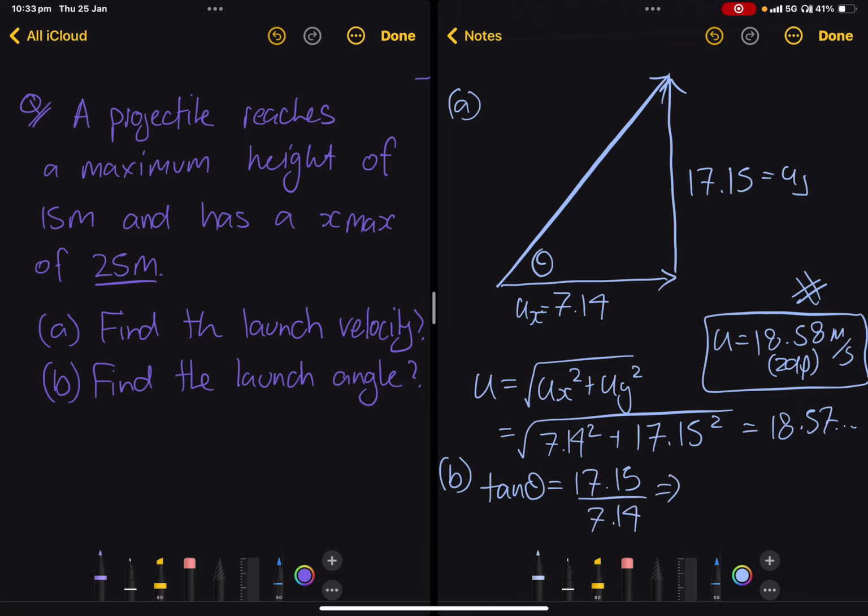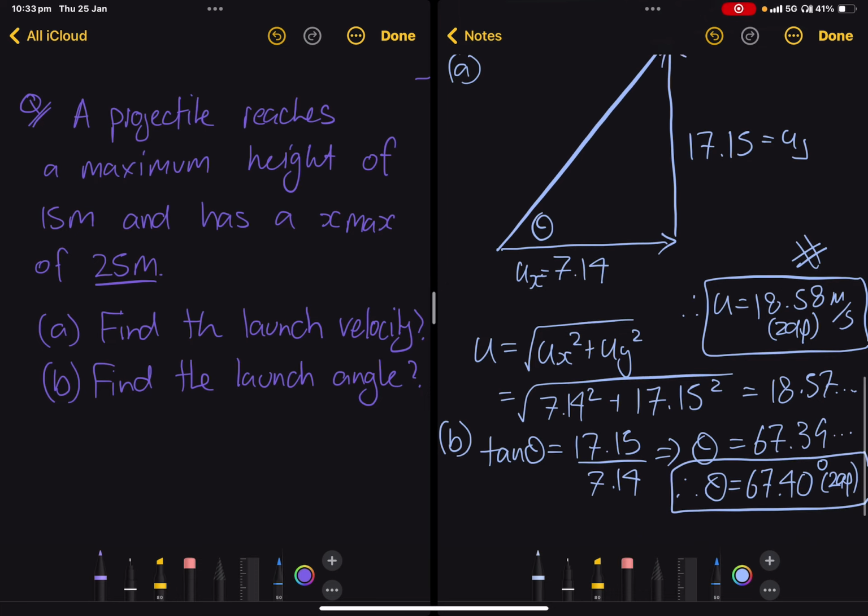We'll do shift tan or arc tan of 17.15 divided by 7.14. This gives me 67.39... So theta is equal to 67.40 degrees to 2 decimal places. And this is the answer to part B, the launch angle.